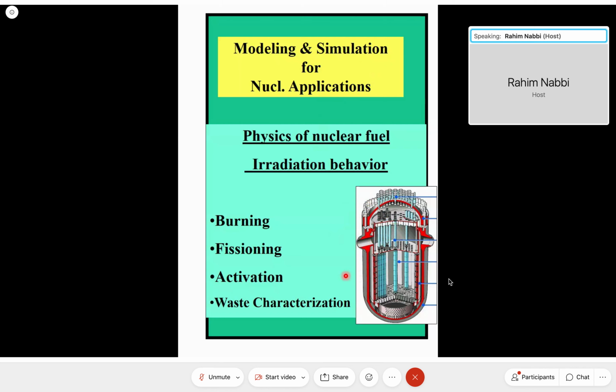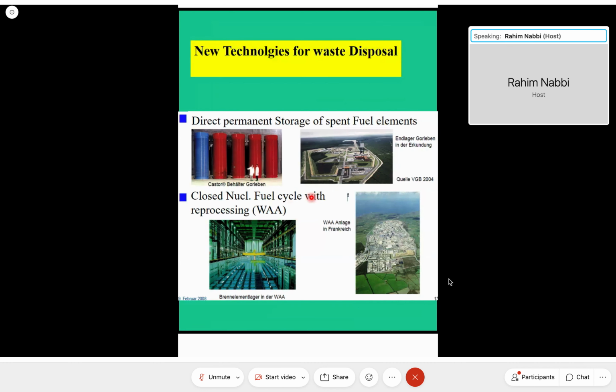Okay, and the first point: you see here some example facilities. At the top left-hand side, you see individual spent fuel elements stored in a permanent storage, a repository, for example.